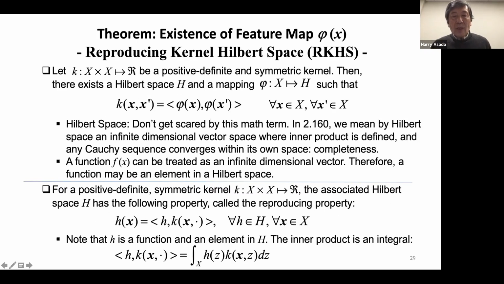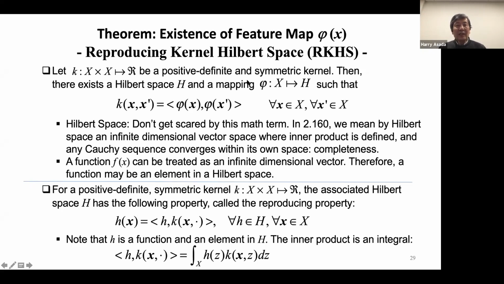Cool. Now under these conditions, if the kernel function you are looking at is positive definite and symmetric, then we can guarantee that the feature map phi x always exists.